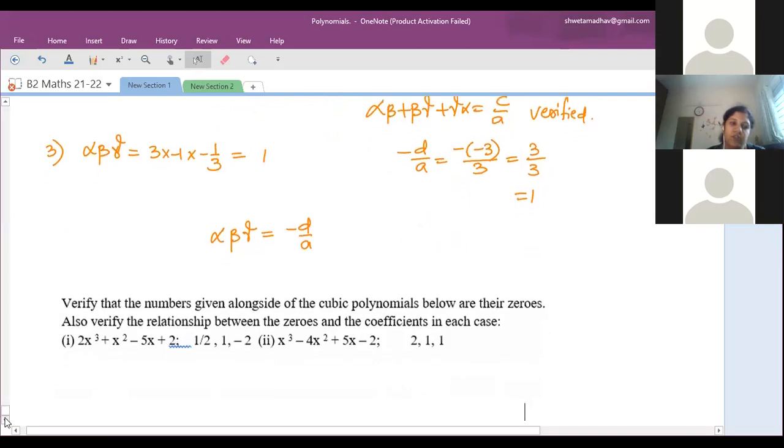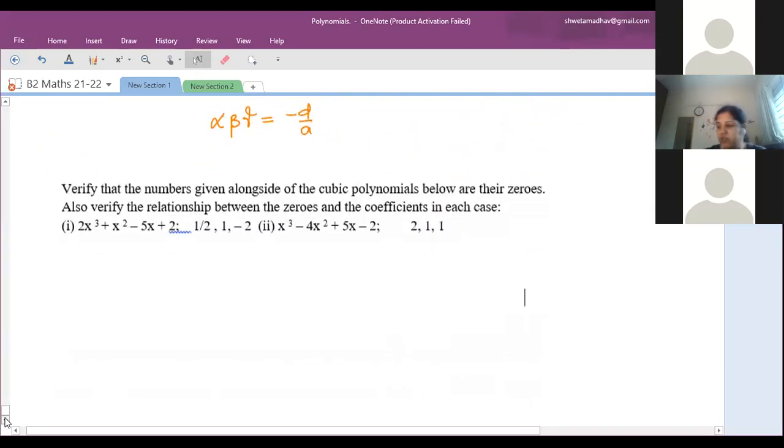Now how they found out the relation? The same way, if alpha, beta, and gamma are the zeros, then what are the factors of the polynomial? Ma'am, x minus alpha, x minus beta, x minus gamma.